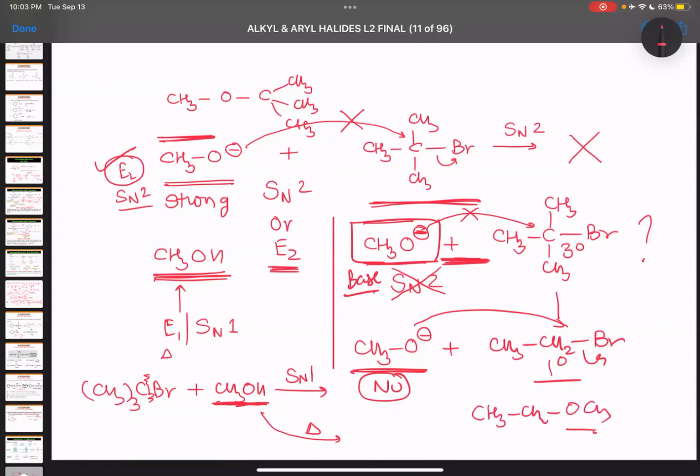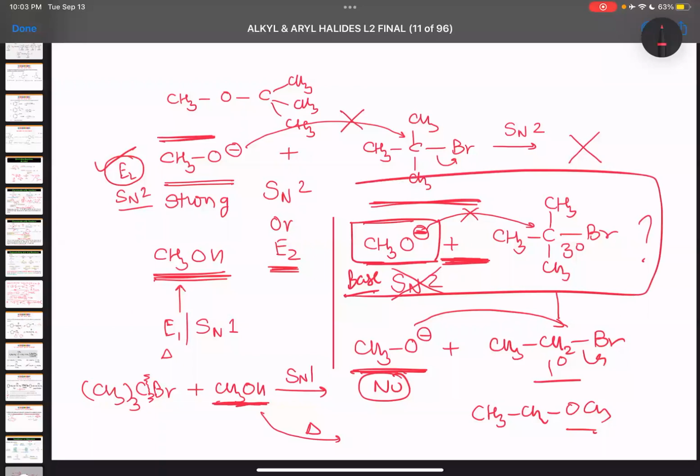This is SN2. Okay, this is a nucleophile. Is it clear? So both require strong species. If you are doing elimination, it requires a strong base, E2. If you are doing SN2, it requires a strong nucleophile. Strong means bimolecular.